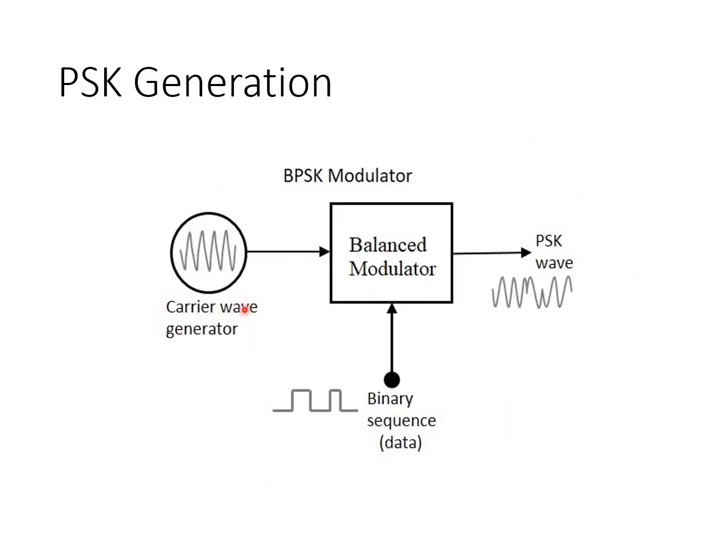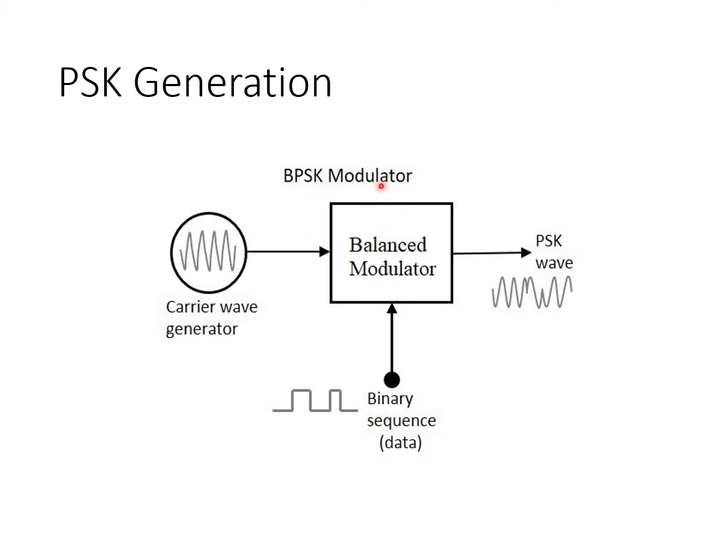To generate a phase shift keying signal, the setup that is conventionally used is a balanced modulator. There will be a single carrier wave, and this balanced modulator is capable of generating 180 degree, or for advanced modulations maybe 90 degree or 45 degree phase shifts.